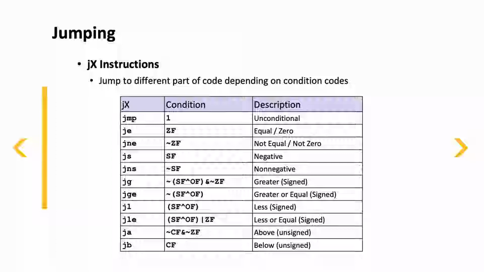All of this Boolean algebra holds, but instead of just setting the lower order byte of a particular register like we do with set, with jump, we're actually going to jump to a different part of the code depending on what the condition codes tell us. And again, whether it's negative, greater, less than or equal, these are the kinds of things that we see with conditional and loop conditions all the time.